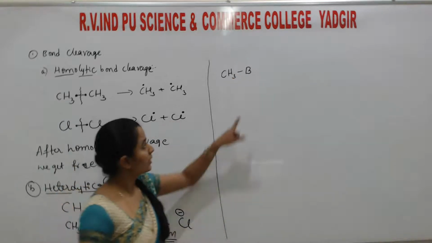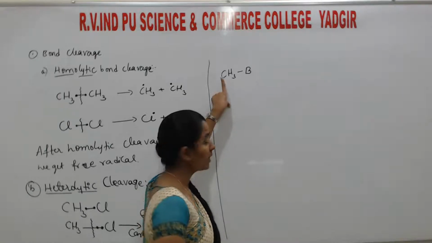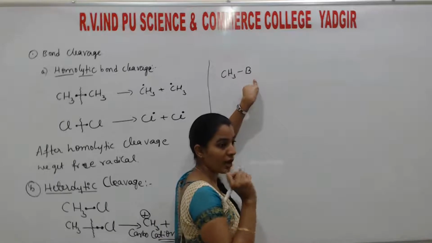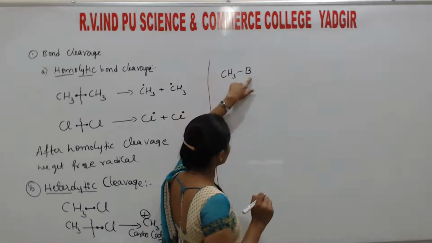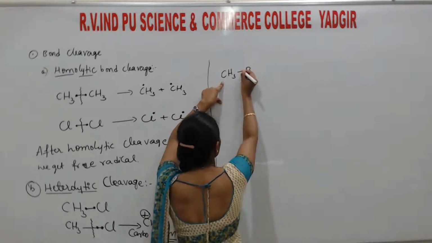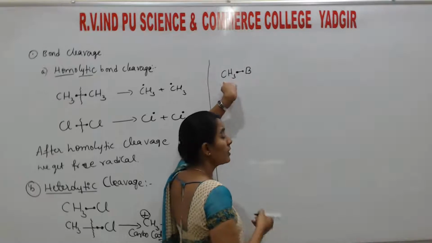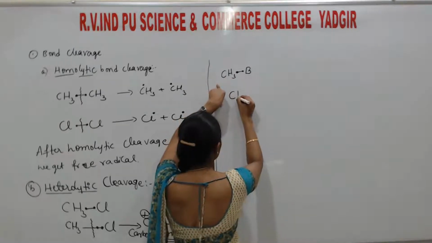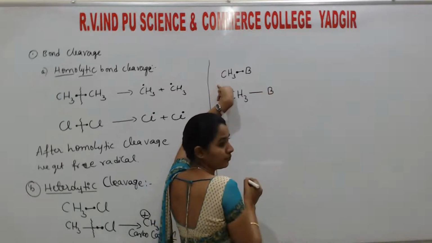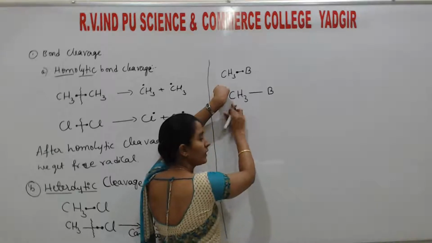Okay, students, here boron is there, here carbon is there. Then what happens? If it is an electrophile, a positively charged species, compared to boron, carbon is highly electronegative.